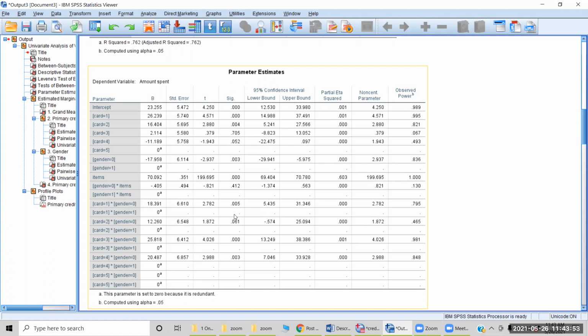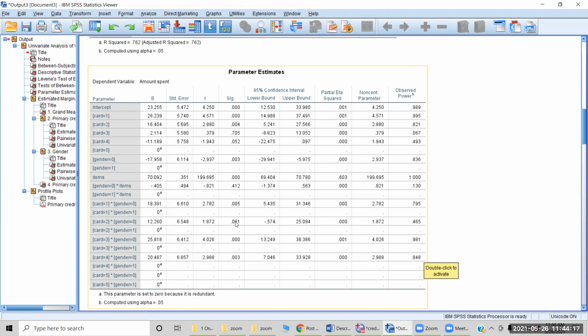And here this 0 is being used as a reference point. For example, gender 0 is for male and 1 is for female. So female is being used here as a reference point because its value is not given here.